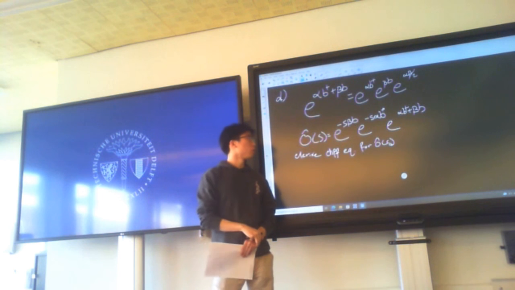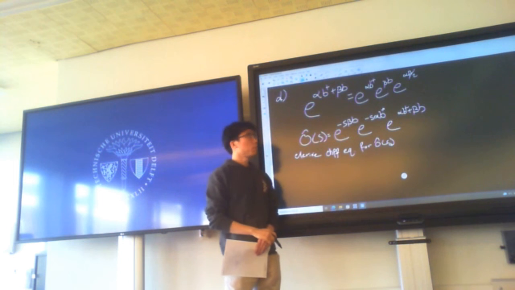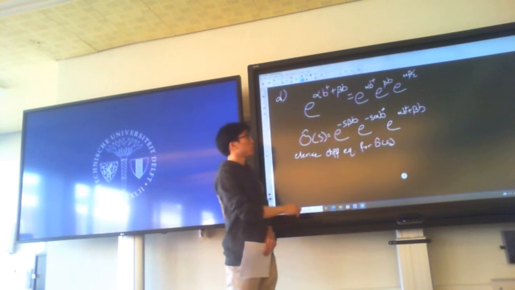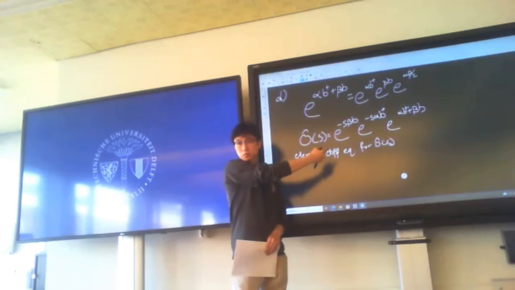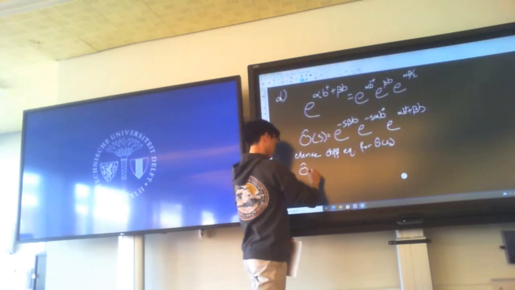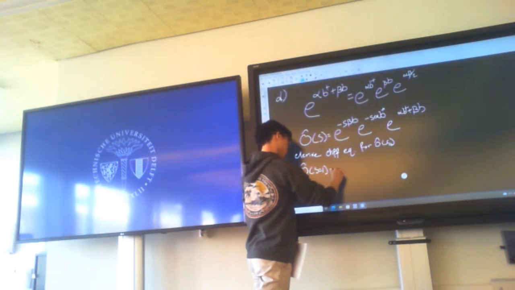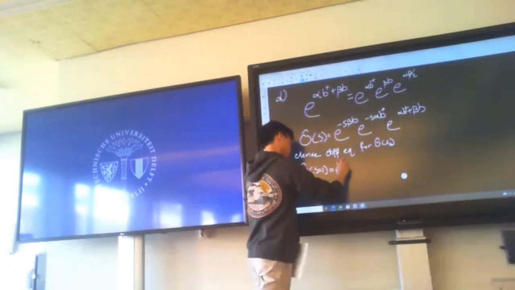If S is 0, this gives us 1, sure. But the interesting part is when S is equal to 1, because then this should give us the exponent of alpha beta over 2.